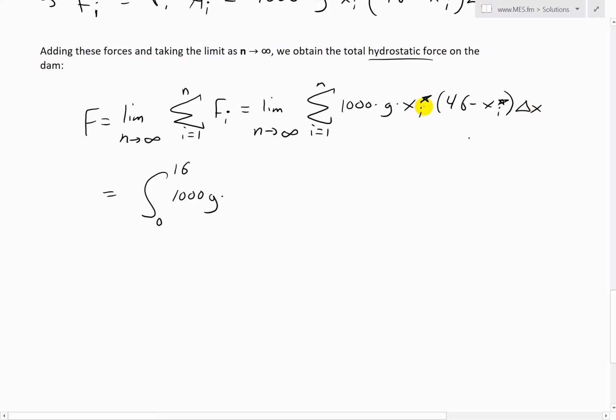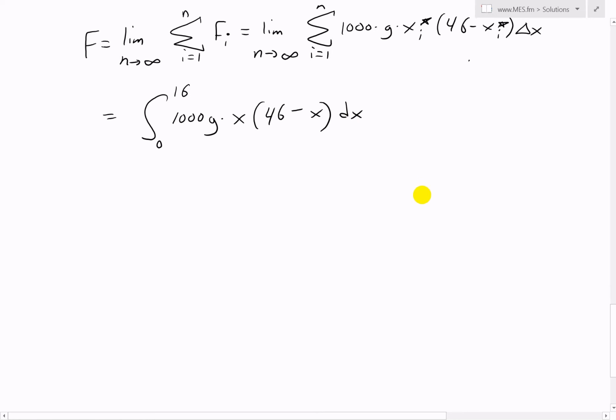This xi star coincides with xi and xi minus 1, so we'll just write x. You can learn more about this in my integrals videos in the links below if you haven't already. So this is 46 minus x, with xi star just x, and dx meaning an infinitely small delta x.